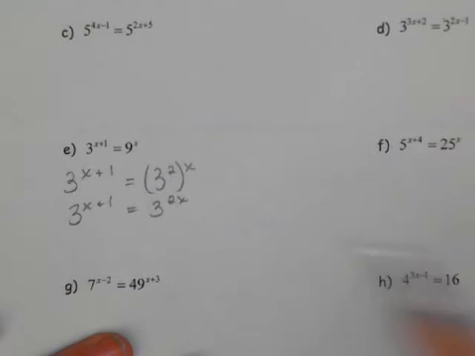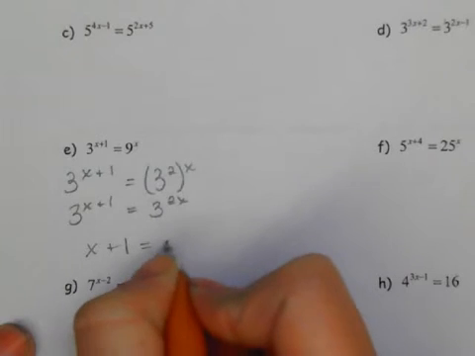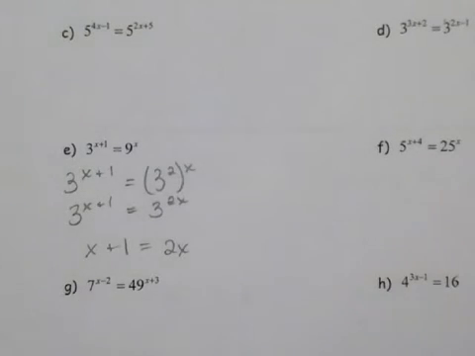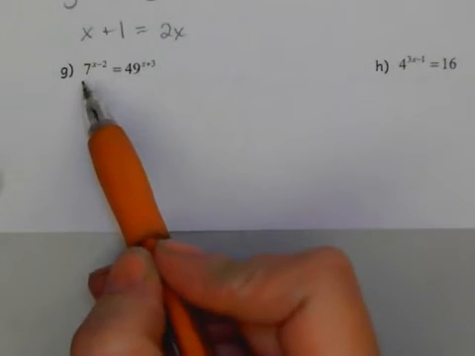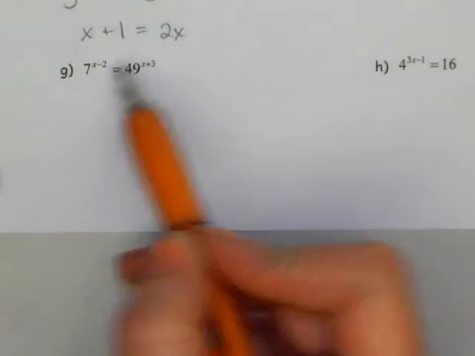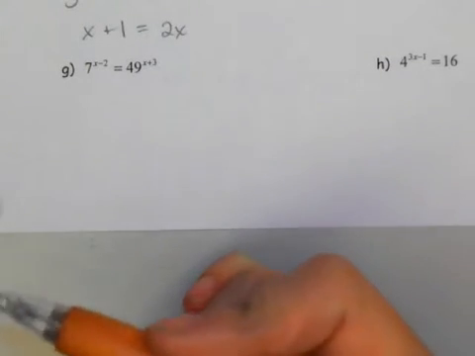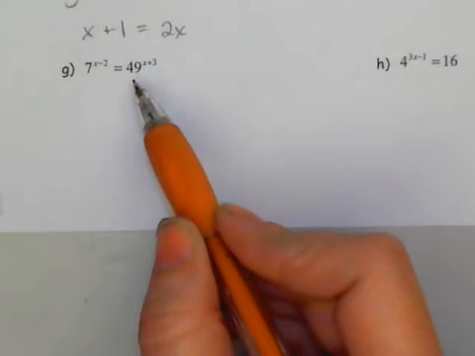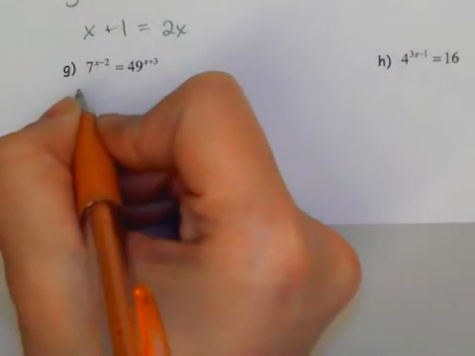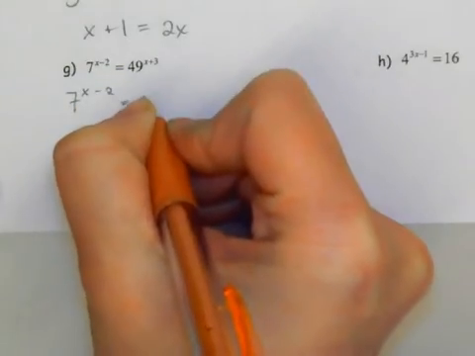So I have 7 to the x minus 2 equals 7 squared to the power of, and I'm going to put in parentheses, x plus 3, because the point that Ilsa brought up is that when we multiply our exponents here, we have to distribute. So this is going to be 2 times x plus 3. So we'll distribute and solve for x for that.